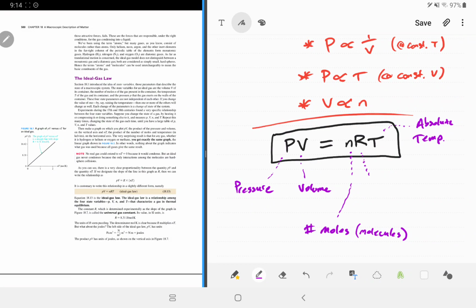I'll talk about the SI units of all of these in just a second. And then R is a constant. R in SI units is 8.31. Now, it turns out both of these sides are energy.